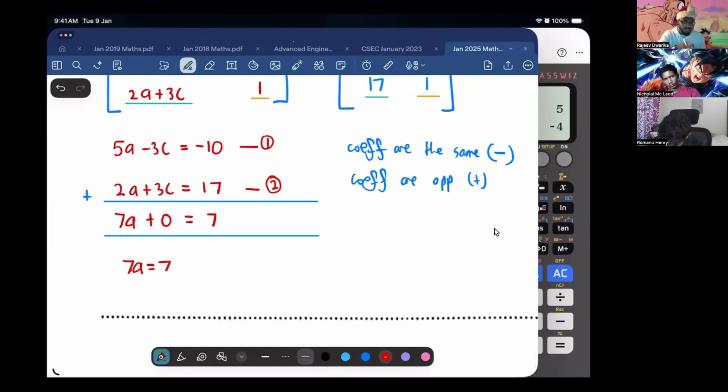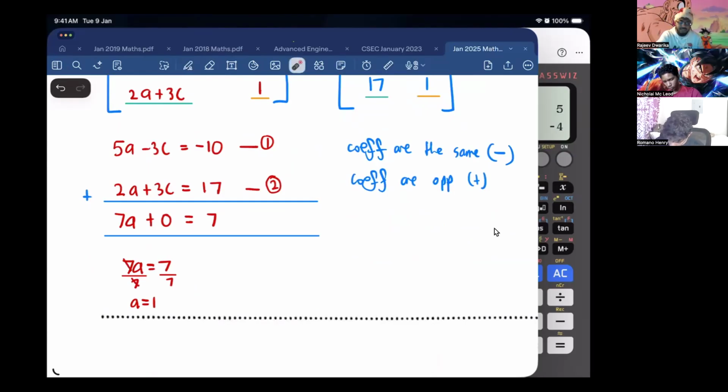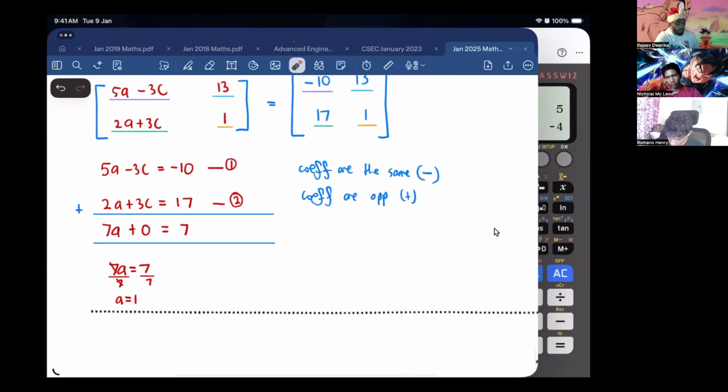So what times 7 is 7? 1. So your answer is 1, right? And the long working would be to divide both sides by 7, right? Why? Because you want to find 1A. So 7 divided by 7 is 1. So 1A would be equal to 7 over 7, which is 1. And just by looking at it, you could see your answer, Nicholas, like 7 times 1 is 7. Yes, sir. Great.